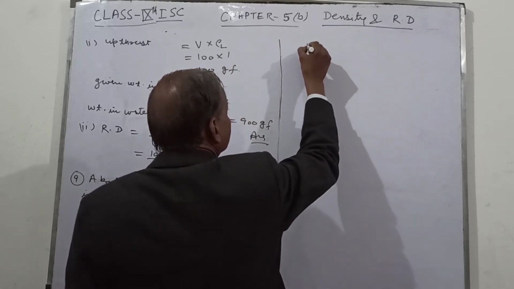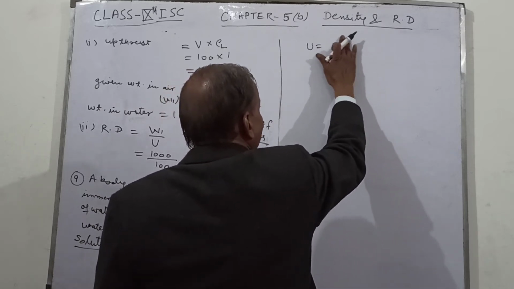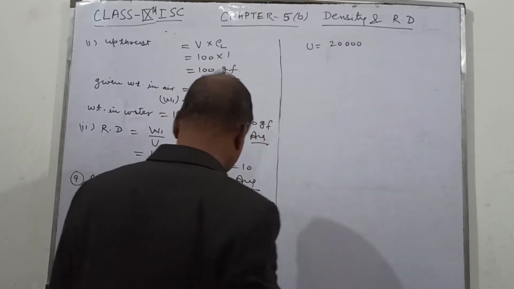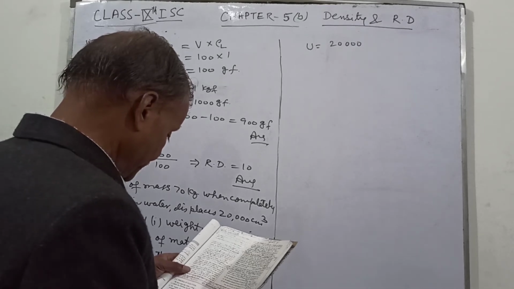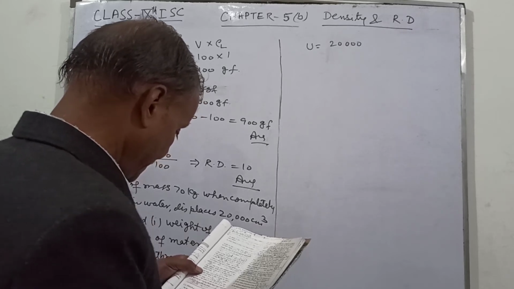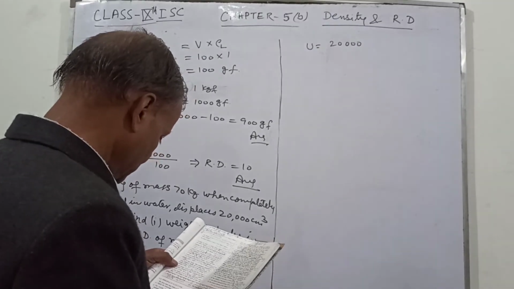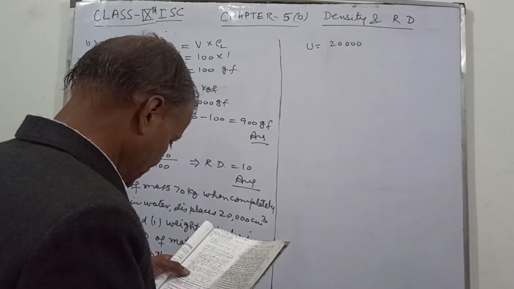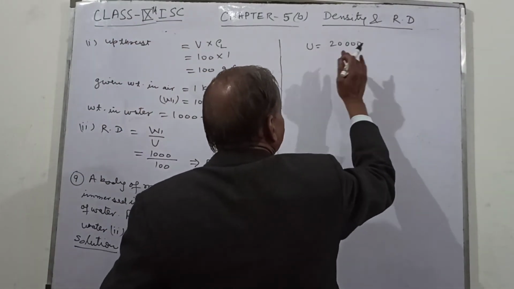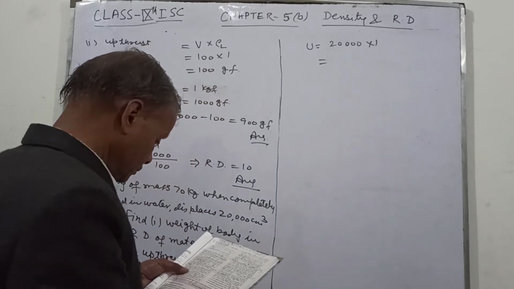So this upthrust U is equal to VL, which is your 20. The density is given to be so much.